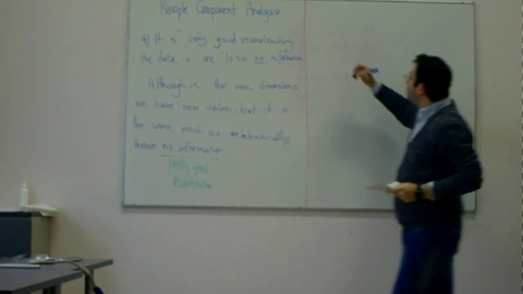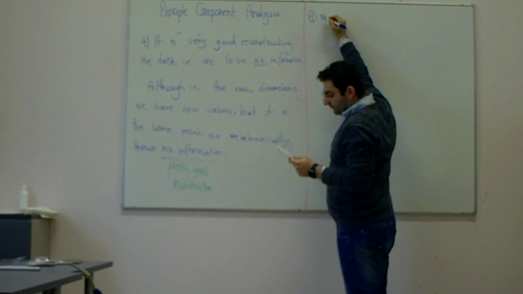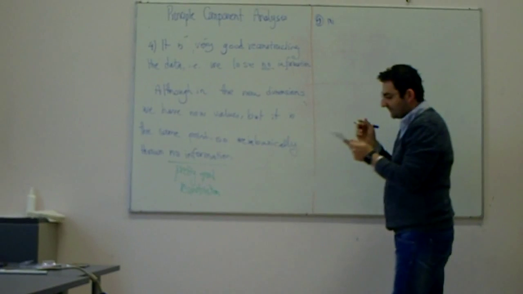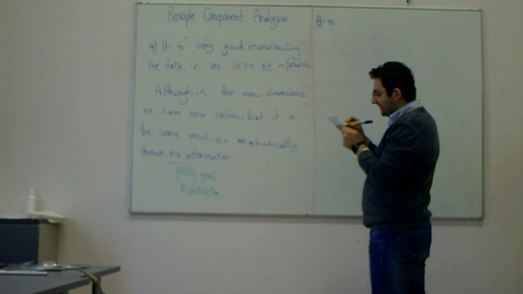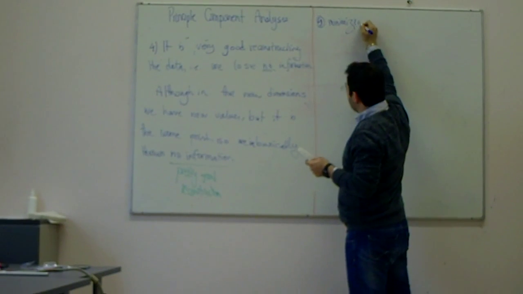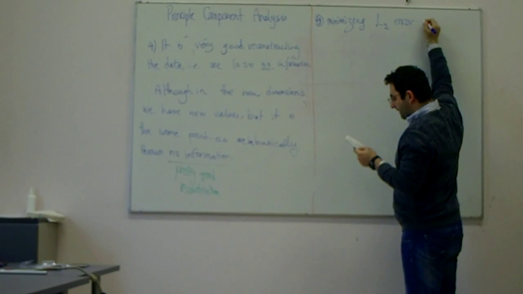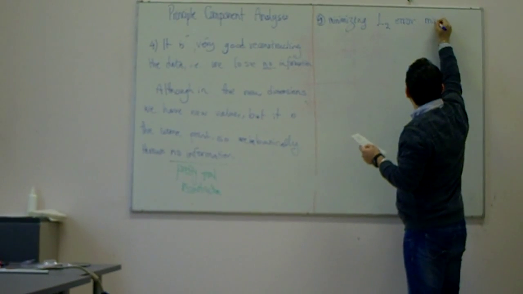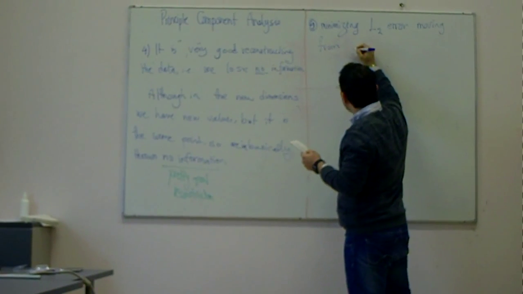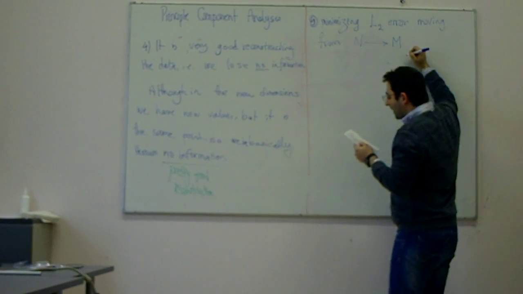So the fourth cool thing about PCA is minimizing L2 error, moving from n dimensions to m dimensions.